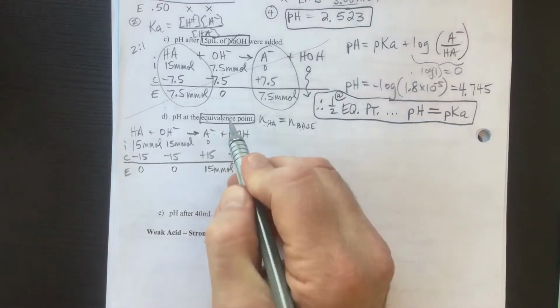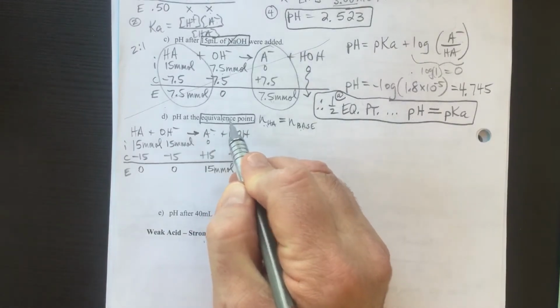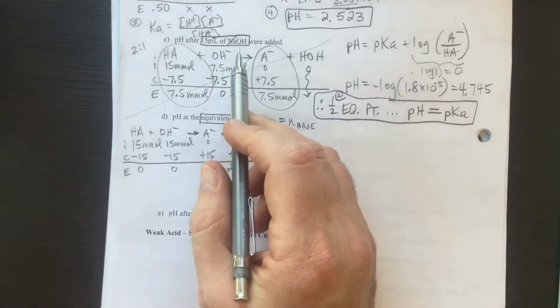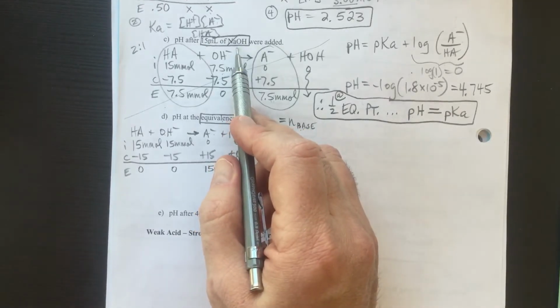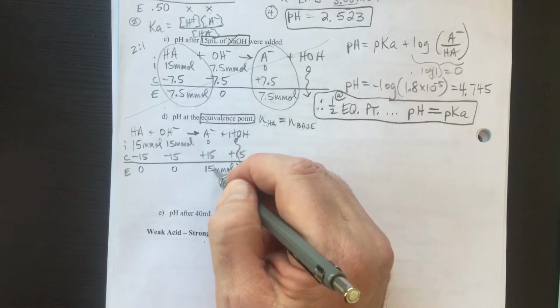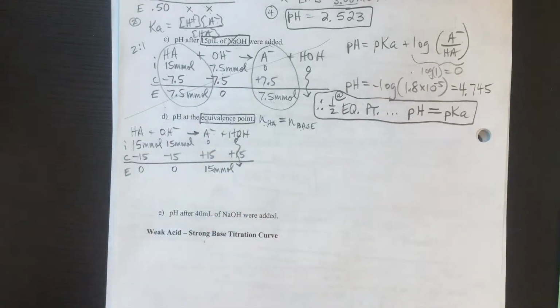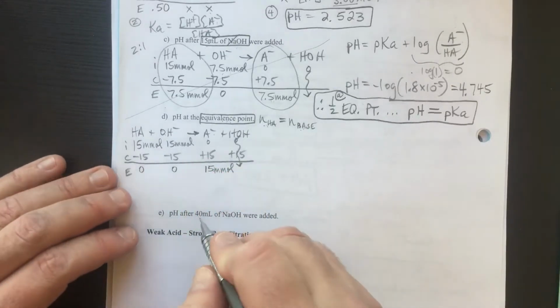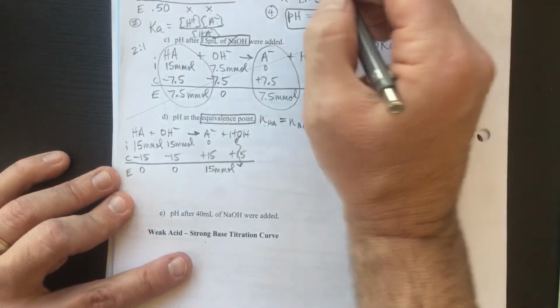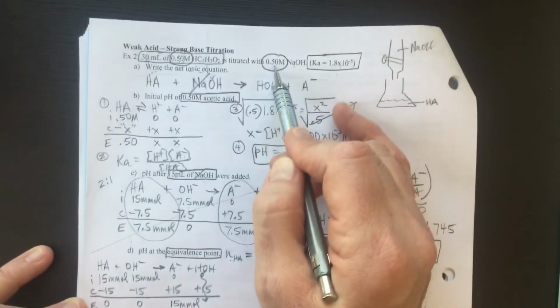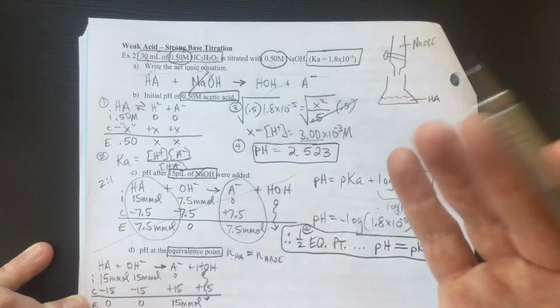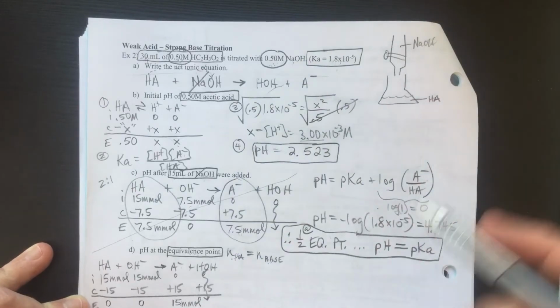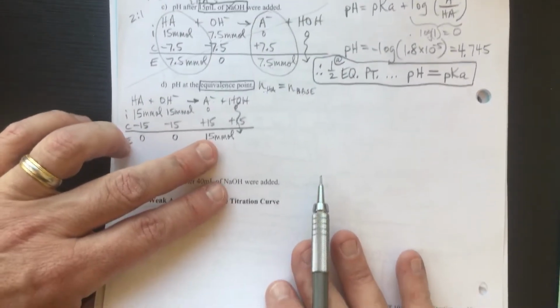But what we don't know is how much of the sodium hydroxide solution it took to get us these 15 millimoles. So now what we have to do is figure out what that concentration is, and I'll point out why in a moment. So remember, it's 0.5 molar. So we've got to know how many milliliters it would take to get us this 15 millimoles.